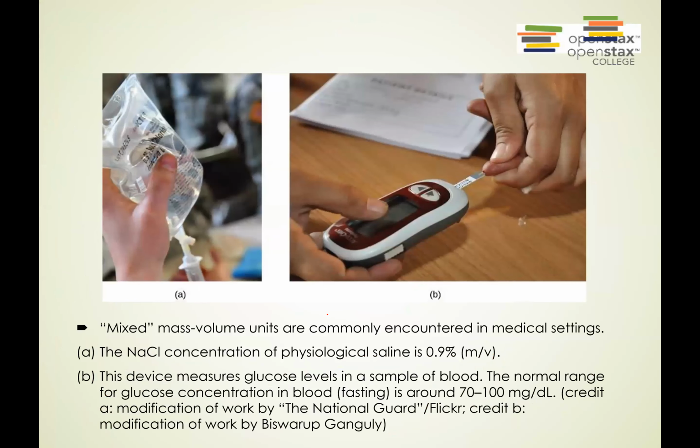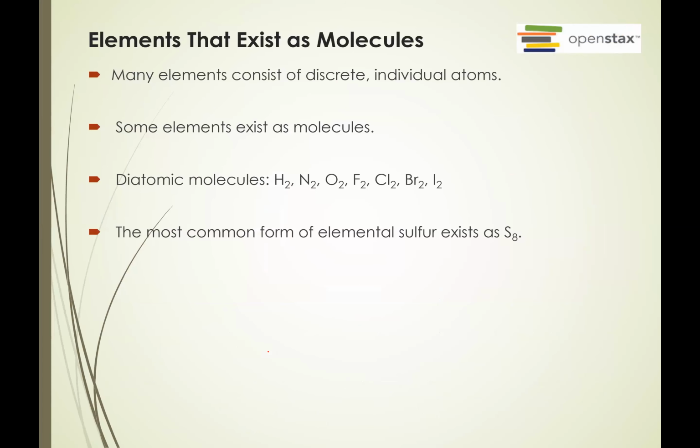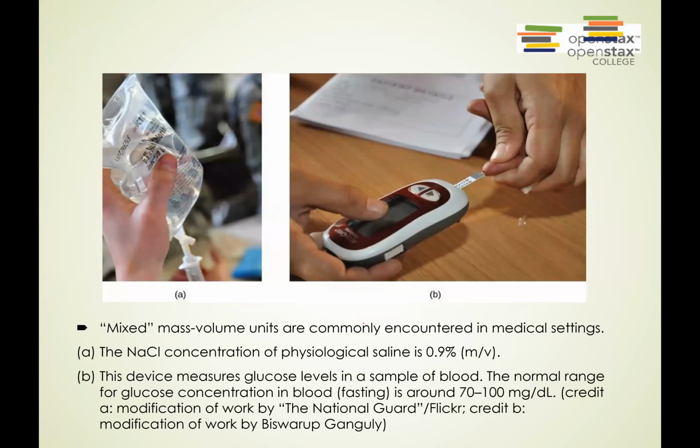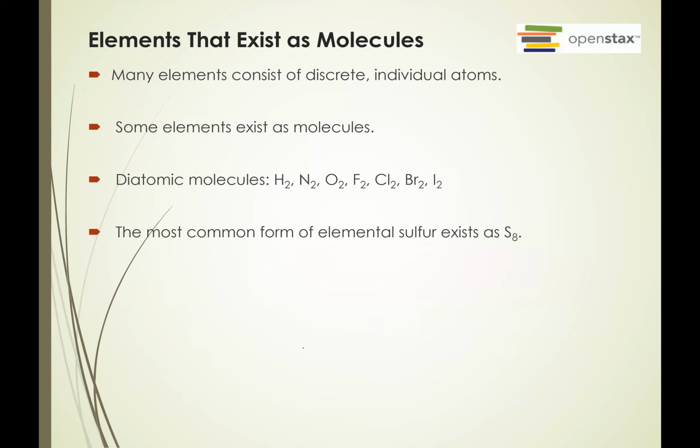Okay, now this is what we're talking about. These are our IV bags, and you can see the 0.9% mass volume written right on the bags. I just want to remind you, this is coming up again in our next couple of chapters.